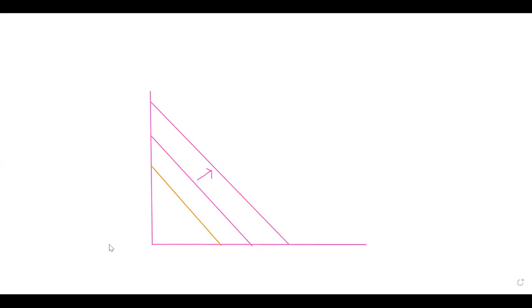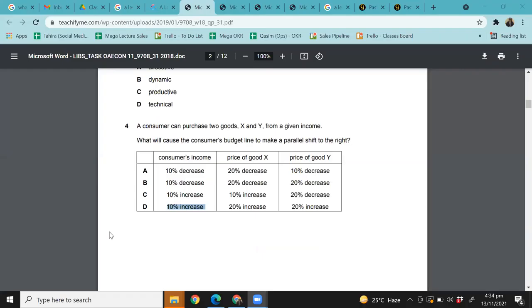Right? If you come to see a 10% increase in incomes, that's a good thing. Incomes is increasing, but the price of X is also increasing by 10%. So would there overall be an outward shift? Just think about this. Income is increasing by 10%, but the price of X also increases by 10%. So the two are canceling each other out, right?